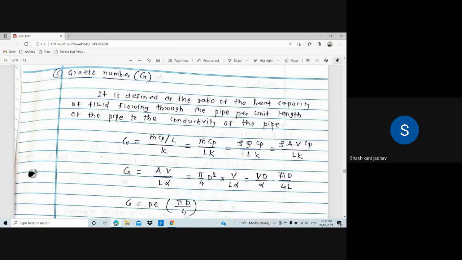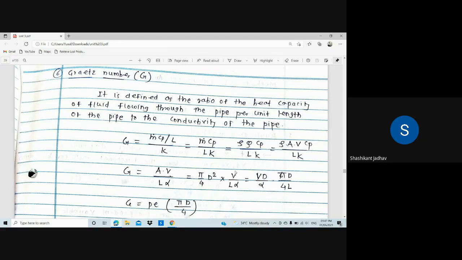Okay, then write down the sixth dimensionless number, that is Graetz number. It is denoted by capital G. Write down the definition of the Graetz number.